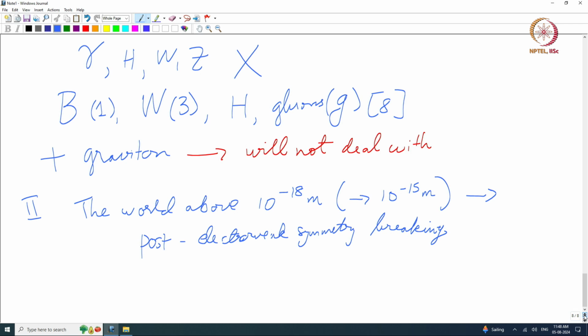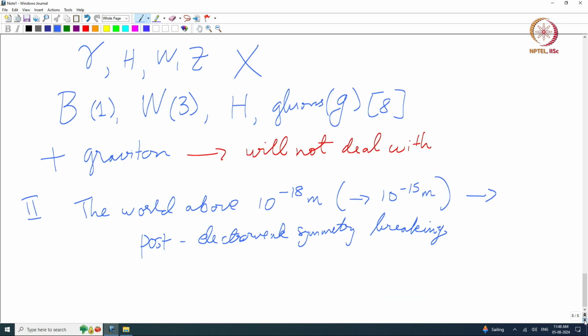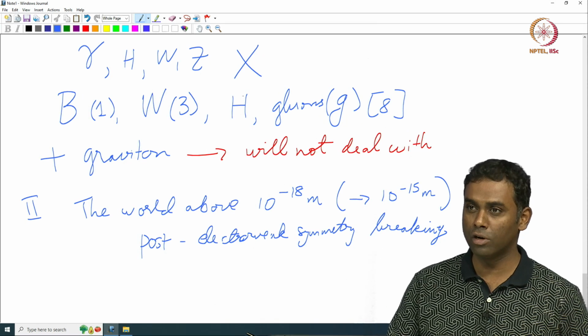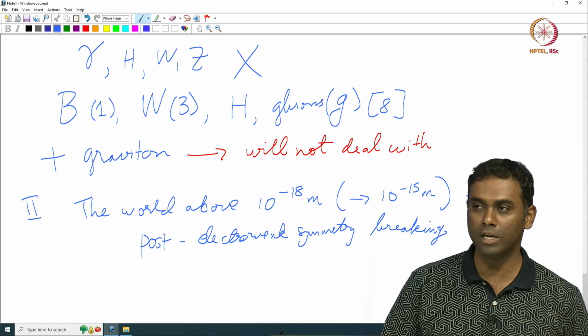Basically at this point, the symmetry of SU2 cross U1 that we saw in the previous page gets broken down in a certain sense. Actually what is going on is that this symmetry is hidden in a very subtle way, and we do not really see that symmetry.